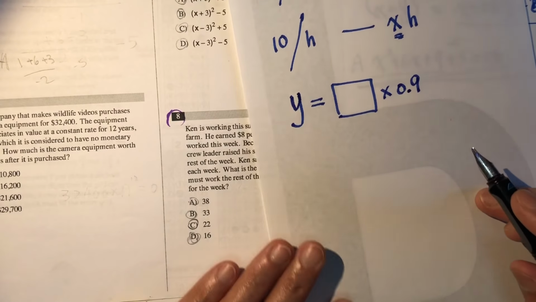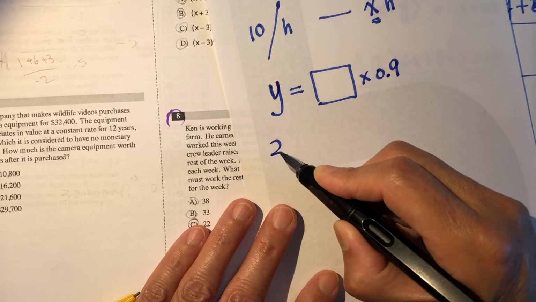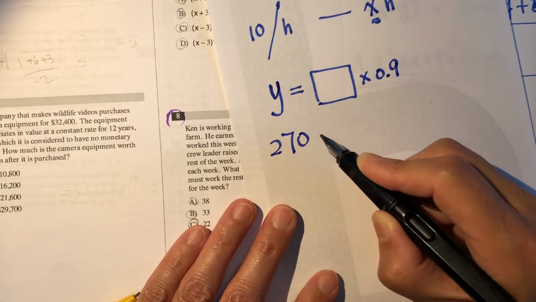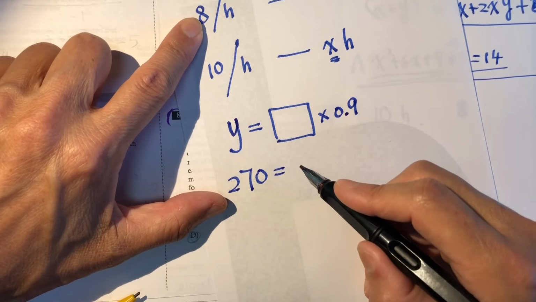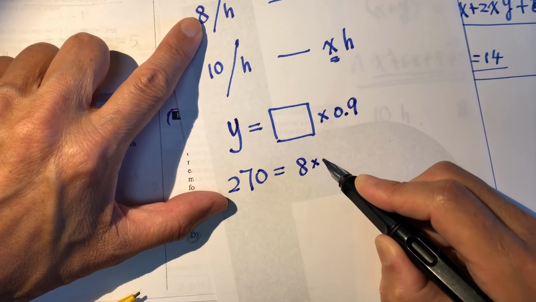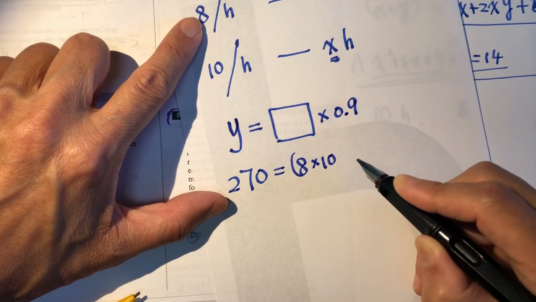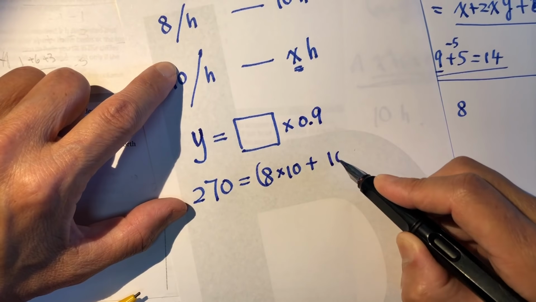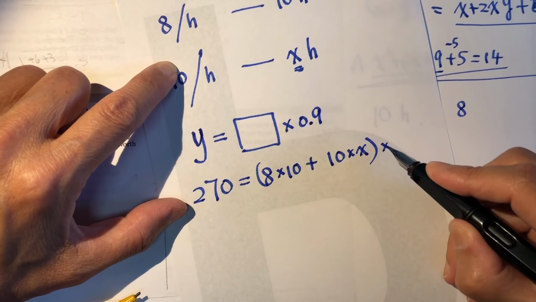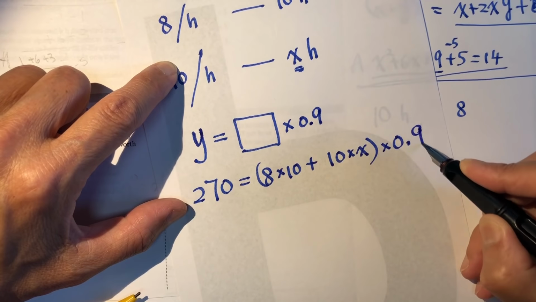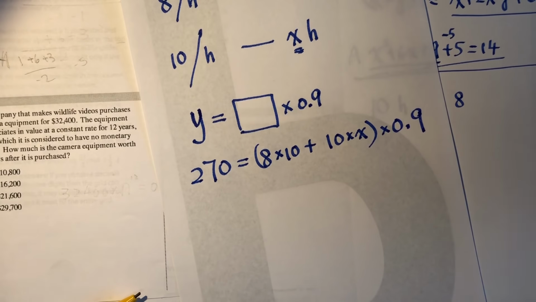Now we put in the numbers. So he saves $270, which equals what? The first 10 hours, 8 times 10 hours, plus 10 times X hours, times 0.9, right?